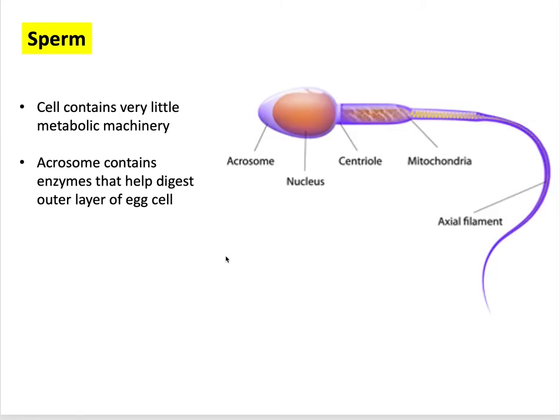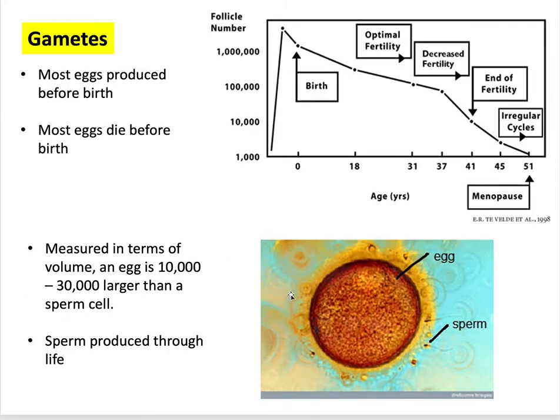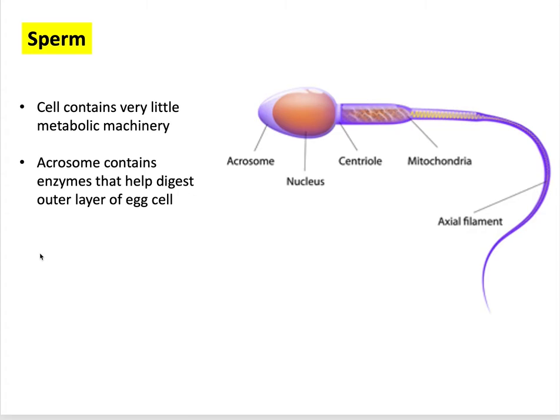Okay, moving on, sperm. So what do we want to know about sperm? Okay, so first thing you should remember is that eggs are large, but also eggs have everything in them. Nuclei, mitochondria, they contain everything necessary for generating new life forms. Sperm, on the other hand, are pretty much just two things.